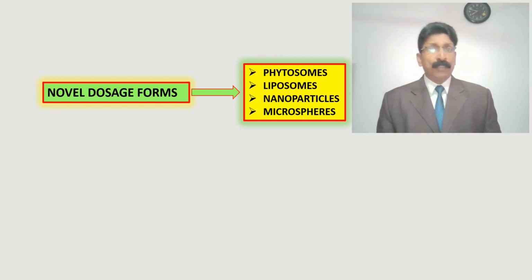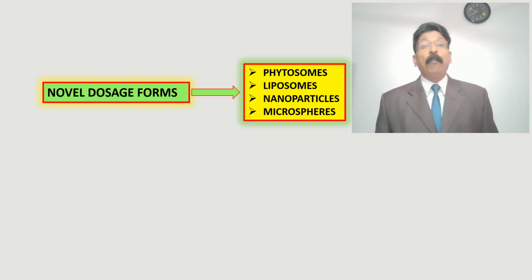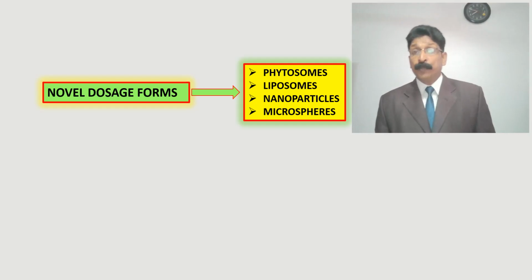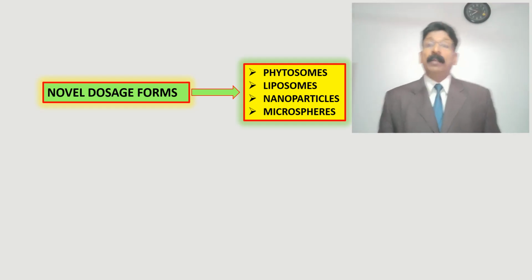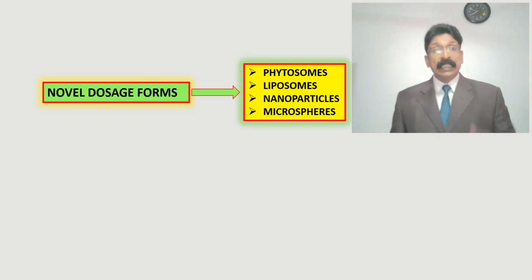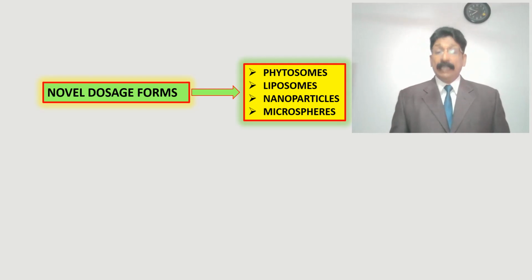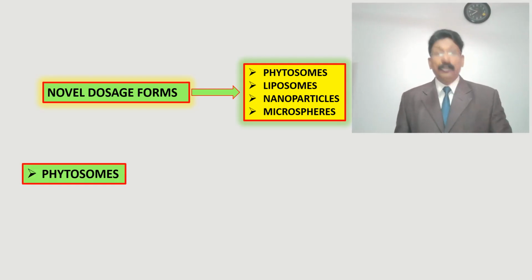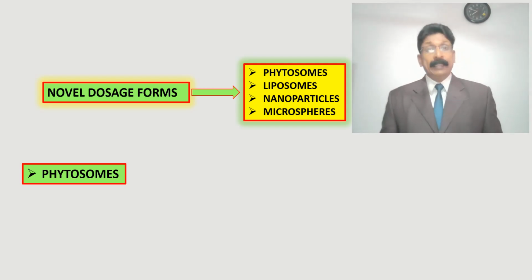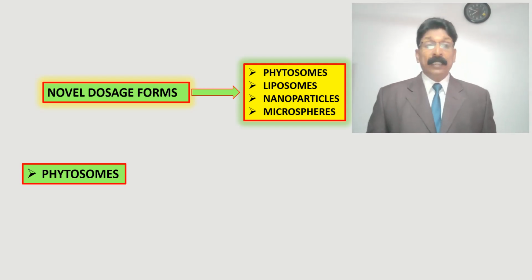Suppose they ask a 5-mark or a 10-mark question about novel dosage forms: explain phytosomes, liposomes, nanoparticles, microspheres which can be prepared in herbal formulation. If you listen to this class, it will be easy for students to write about that. Please make notes and you will succeed. It is interesting even for 8th semester students and for other students also.